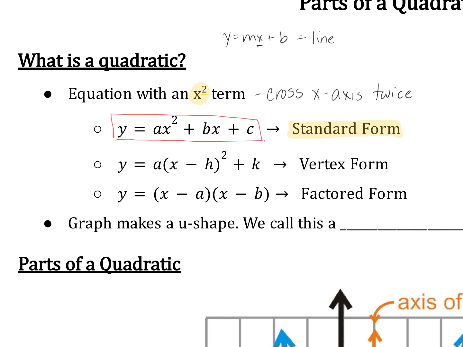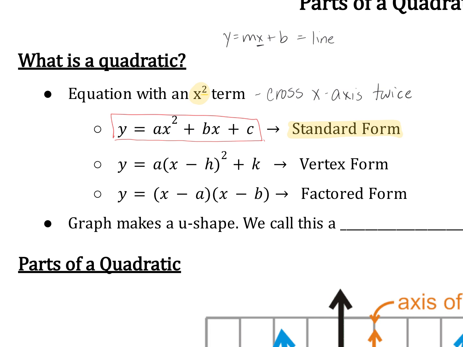It's important to identify what a, b, and c are when we're looking at quadratic equations. Every single thing in this equation means something important, and we'll review what that is in just a minute.